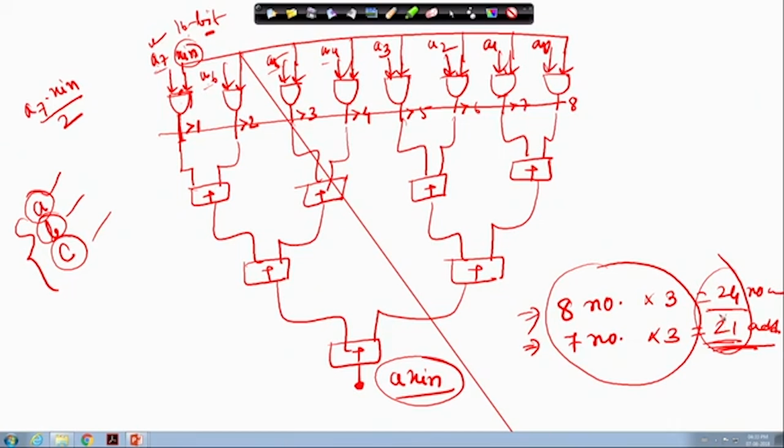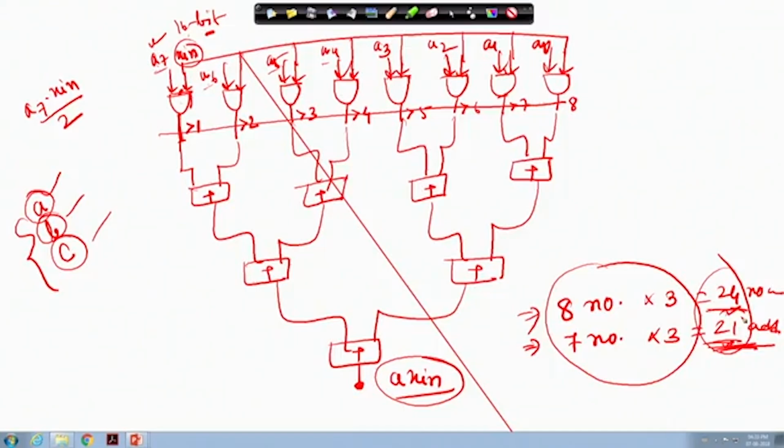Reducing these numbers means I can save power as well as area. So can I reduce it? If I can, what will be the method or approach to reduce the corresponding numbers in these terms?